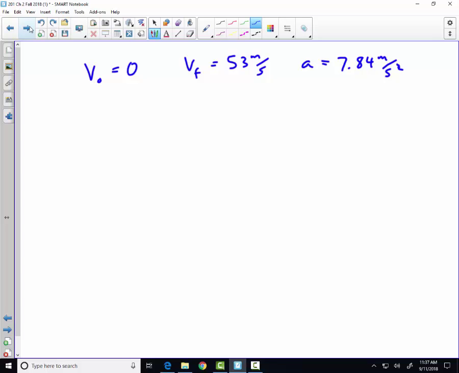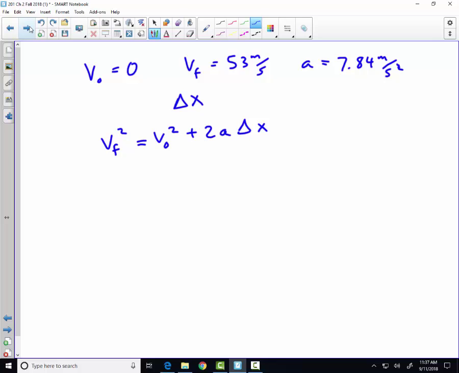Okay, and I want to solve for delta x. So I look at those quantities that I'm given. I do not have time involved here, so I want to find the equation that does not have time. The only one that works would be V final squared equals V initial squared plus 2a times delta x.